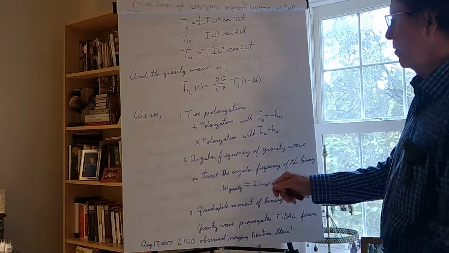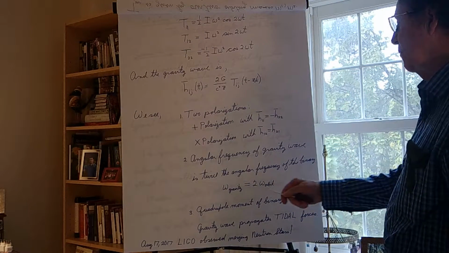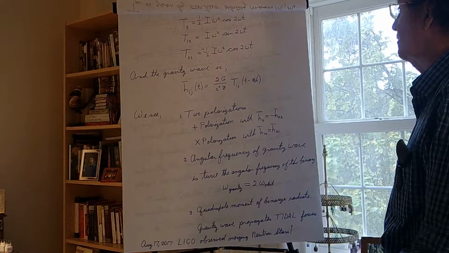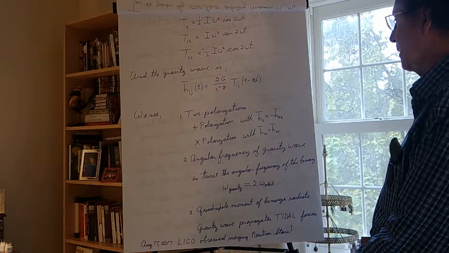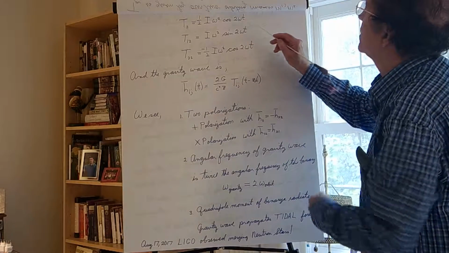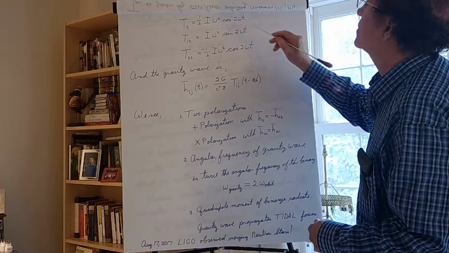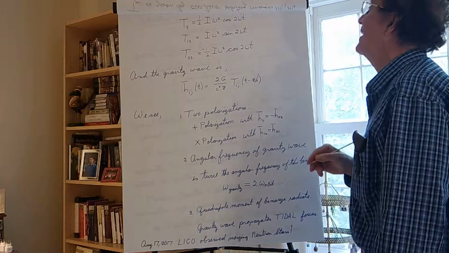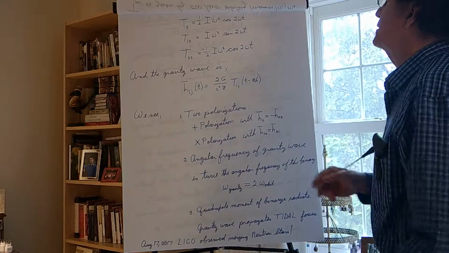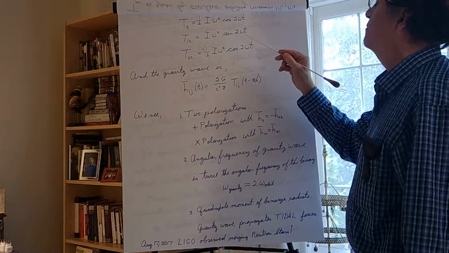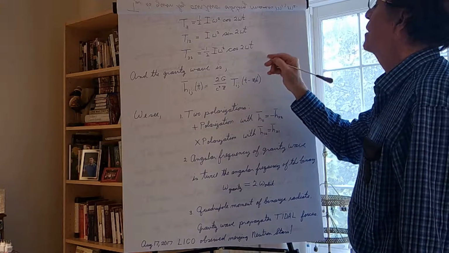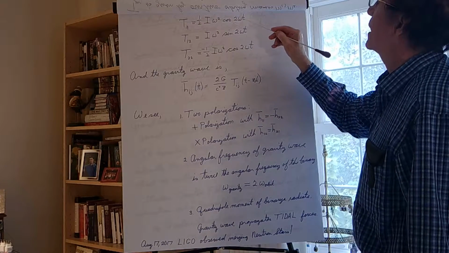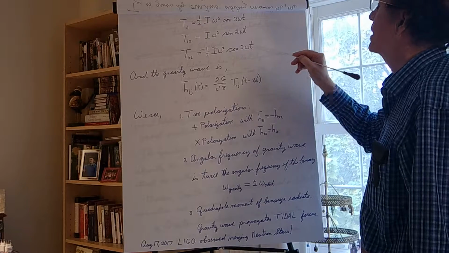That's good. I also see that the angular frequency of the gravity wave is twice the angular frequency of the binary. That was built in, right? Because of the two omegas. It was a quadrupole moment that's radiating. That's quadratic, and the quadratic dependence gave me cosine squared, sine squared, or sine times cosine, which are then cosine 2 omega or sine 2 omega.